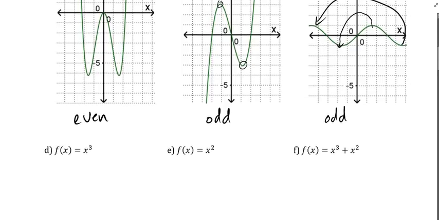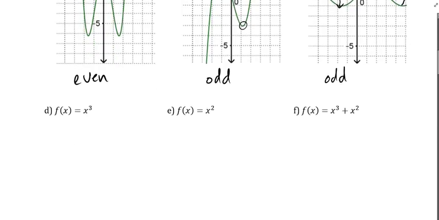Okay, algebraically, what does this look like? So this is an important skill for this unit, just so you know. Here's what I'm going to do. I'm going to find f at negative x, and I'm going to find negative f at x, and I'm just going to compare them and see what they look like. Okay, so f at negative x, our first little dabble in this course with function notation. How do we do it?